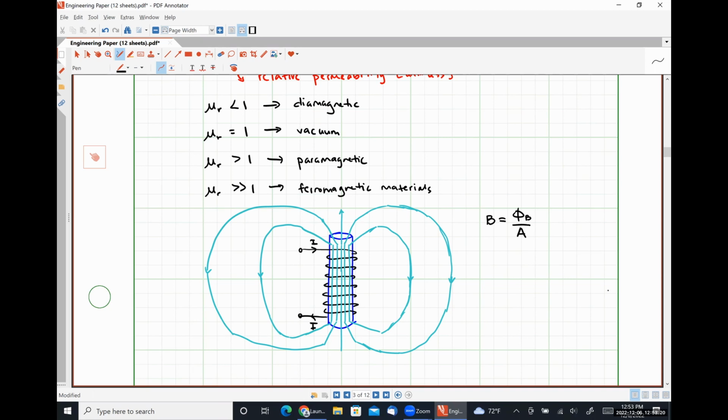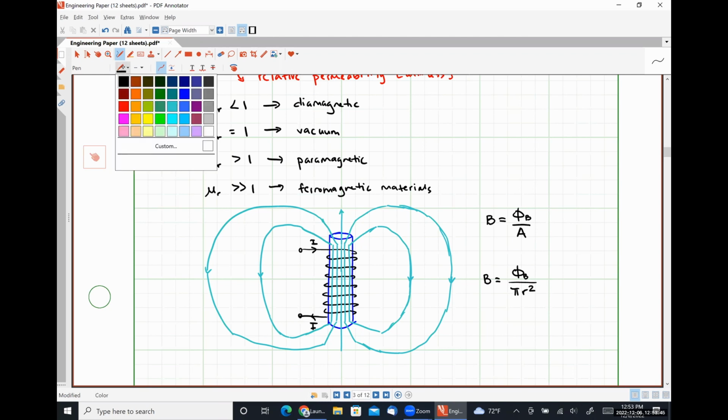So inside of our coil, our magnetic flux density B is going to be equal to phi B, whatever flux we have, divided by the cross-sectional area of our core.